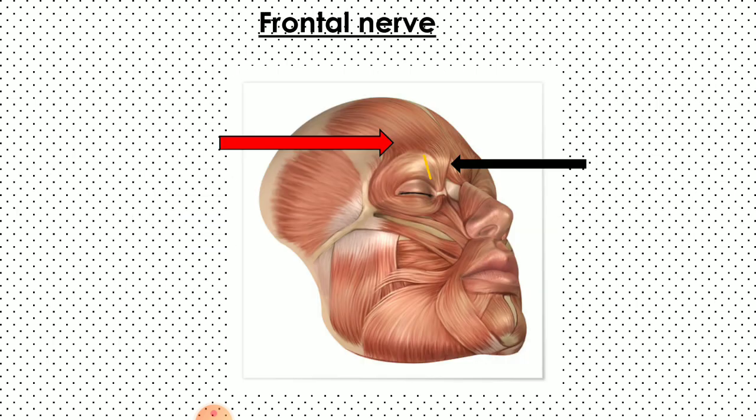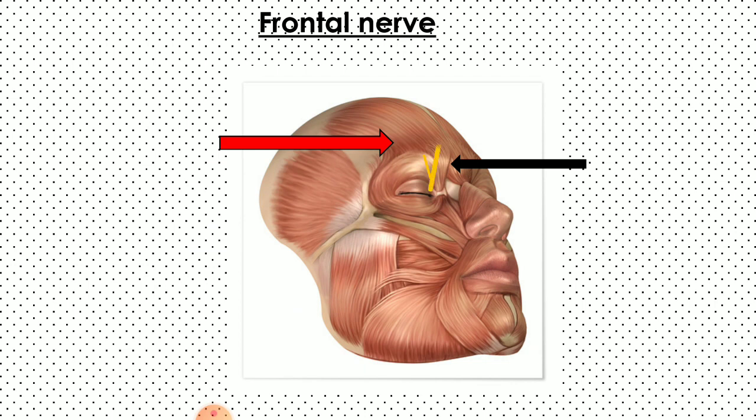Moving on to the frontal nerve. Now we have discussed the nasociliary nerve, the first branch of the ophthalmic nerve. Now we are moving on to the second branch of the ophthalmic nerve, that is the frontal nerve. This frontal nerve comes out supplying the conjunctiva and it moves towards the center, that is towards the medial part of the forehead.